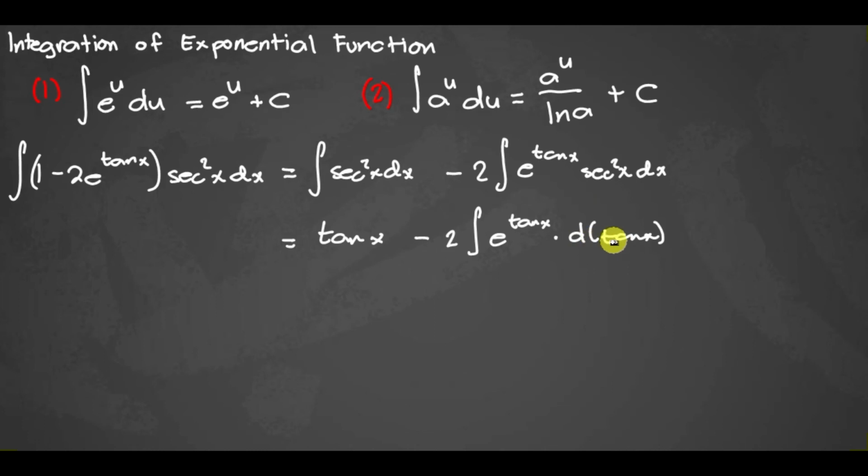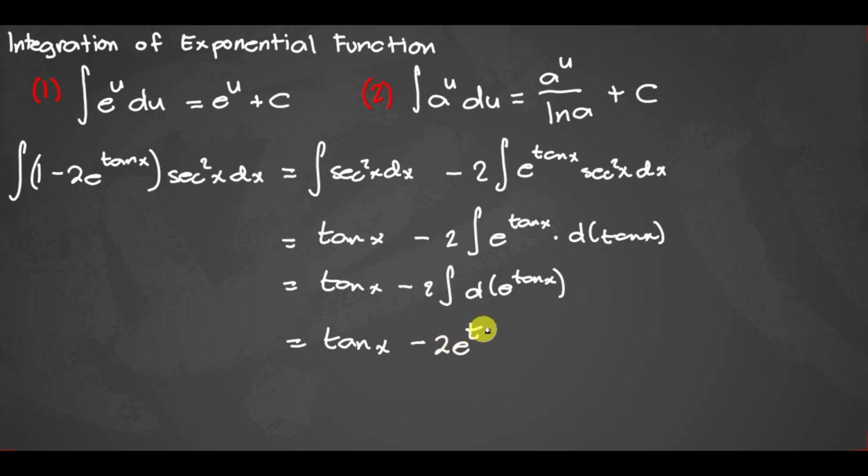Because the derivative of tan x is simply secant squared x dx, we can say that tan x minus 2 times the integral of the differential of e raised to tan x will become tan x minus 2 e raised to tan x plus c. That will be our answer.